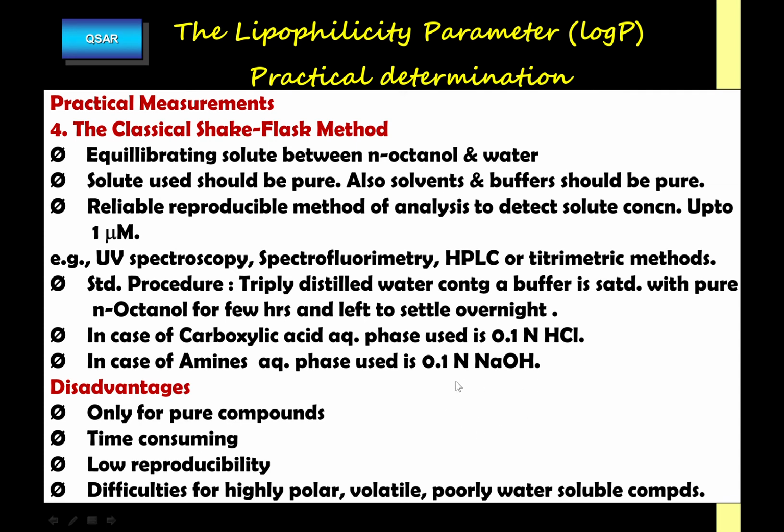And the determination after the shaking and separation is done by either UV or fluorimetry or HPLC or titrimetry. But the condition is the compound should be very pure, and the solvents and buffer used should also be pure.